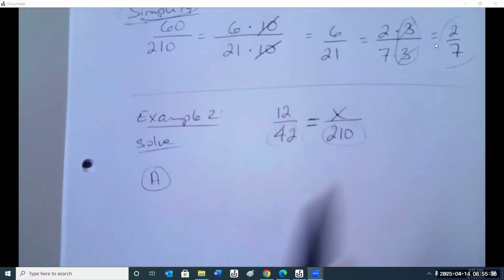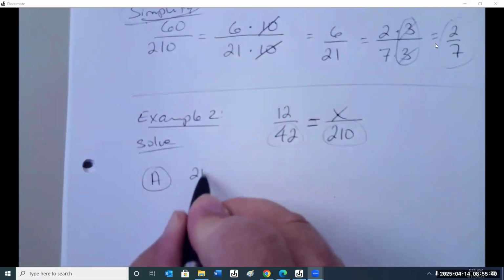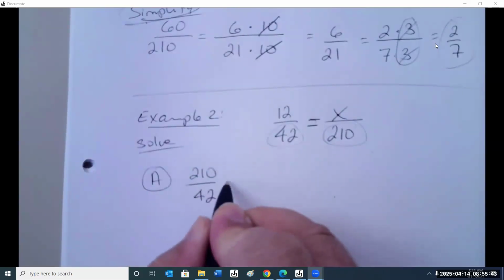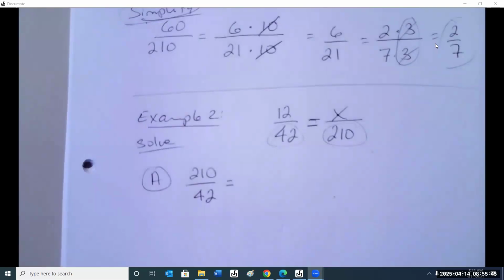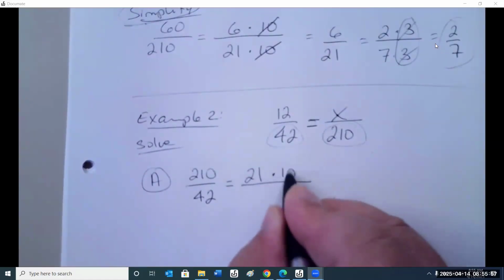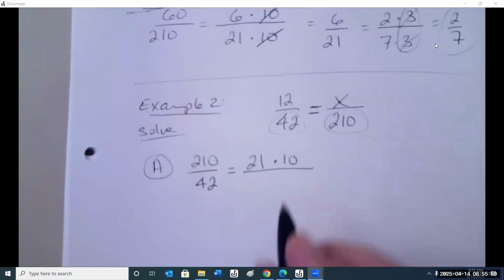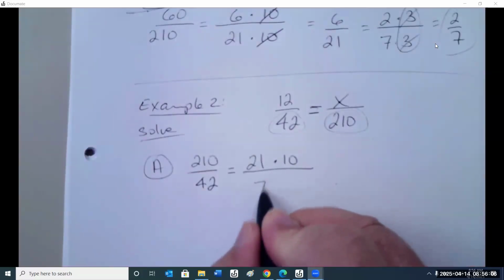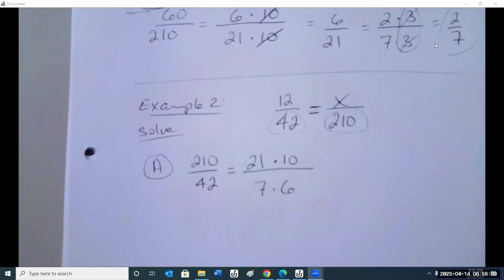Do 42 and 210 have anything in common? If they have anything in common, it'll come out here. So let's see. What is 210 made up of? 21 times 10. 42 is made up of what? 7 times 6.